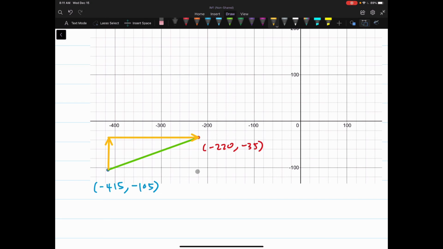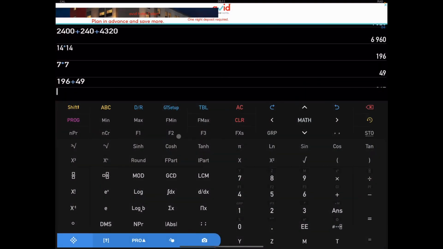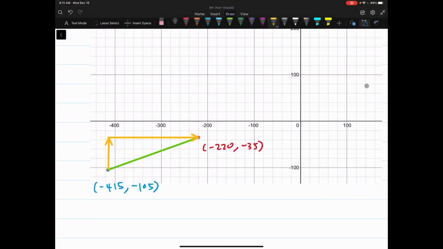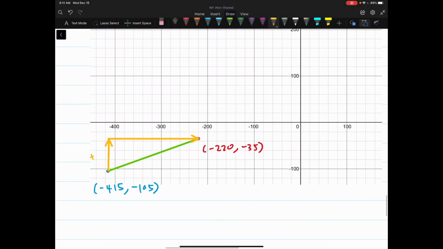If I subtract 35 from 105, that gives me 70, which means it's going up by 70. It was at 105, going up to 35. 35 plus 70 is 105, just ignoring the negative signs for now.